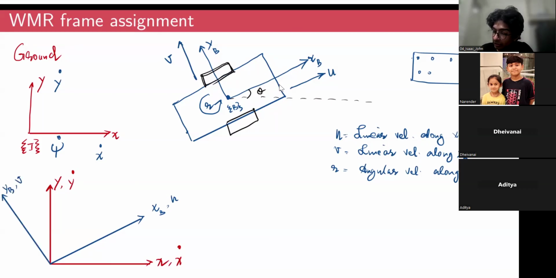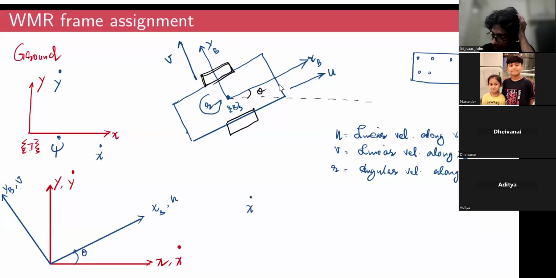The relative orientation between these two coordinate frames is given by this parameter, which I'll call theta. So how do you resolve u and v along the x and y axes?